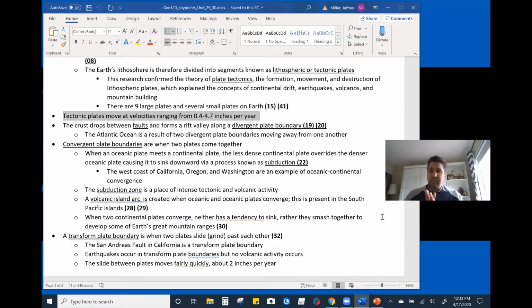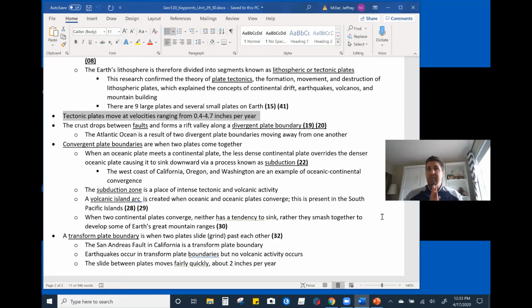Geologists and land surveyors can measure this, and they do so in practice. Tectonic plate movements range from about half an inch to almost 5 inches per year.